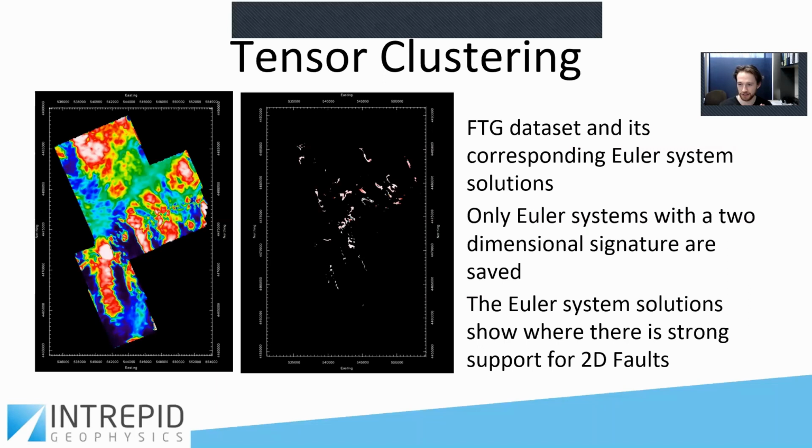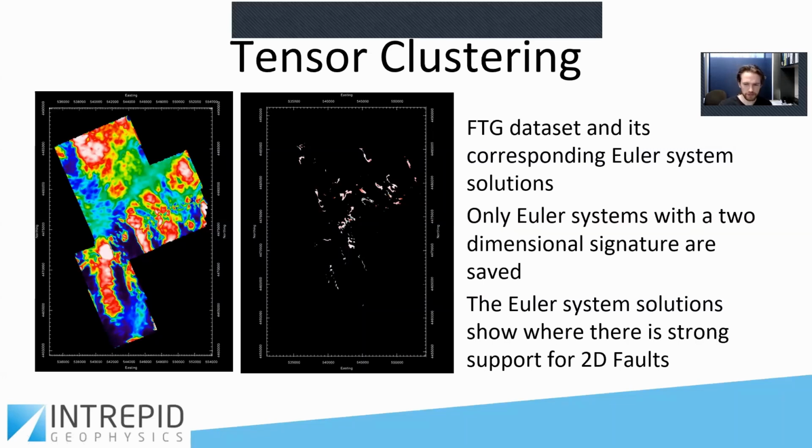So effectively the eigensystem tells us that there's a 2D structure here. So these points are actually what we're going to be clustering. And we'll use the result of that to query the original data set again and figure out what the dip angle is for all these faults that we're trying to identify in the data.